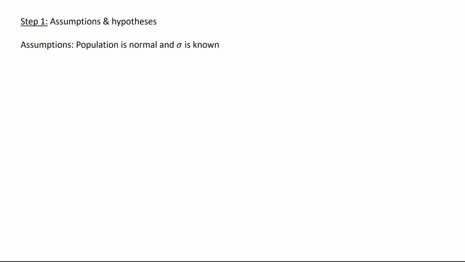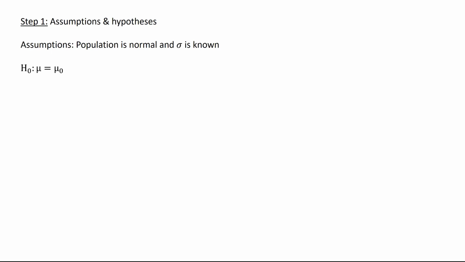We are going to use the 5-step hypothesis testing procedure to conduct a one-sample mean z-test. The first step is to check assumptions and write hypotheses. The assumptions, which we've already seen, are that the population is normal, and sigma, which is the population standard deviation, is known. Once these are checked, we can write our hypotheses. These will be written in terms of the population mean, mu. The null hypothesis is always going to be that mu is equal to the hypothesized value.